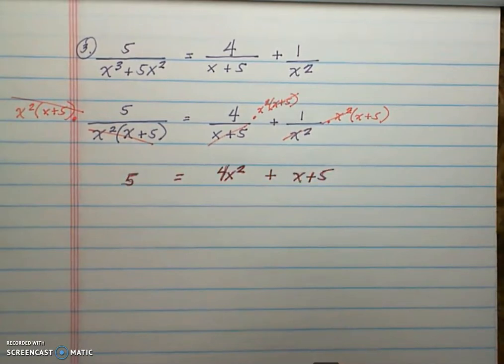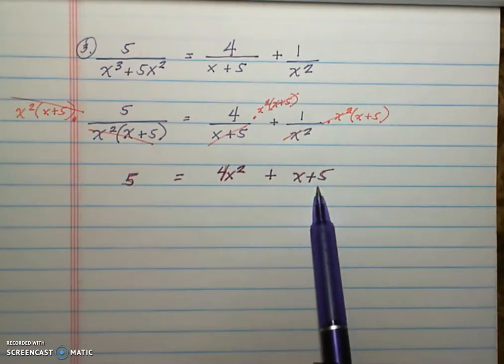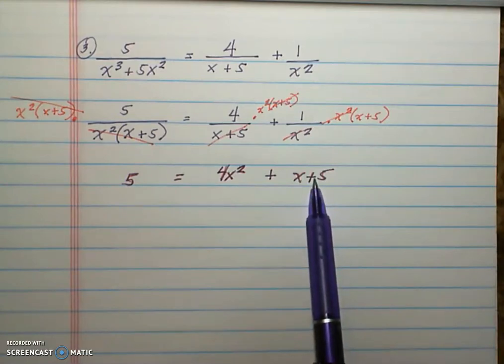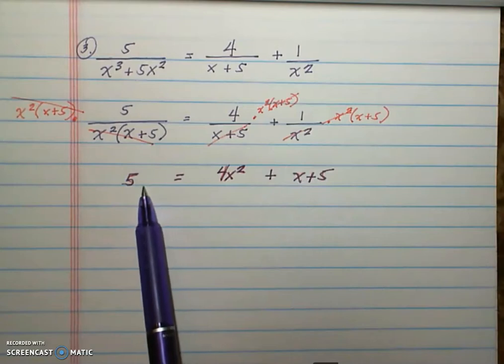All right, so let us apply the shortcut. So I want all my x's to be positive, and they are already positive on the right side. So I'm keeping them there. And then now the constant, I'm going to move to the other side. And this is a constant which I'm going to move to the other side. Notice that that is positive 5. The moment it moves to the other side, it turns to a negative.